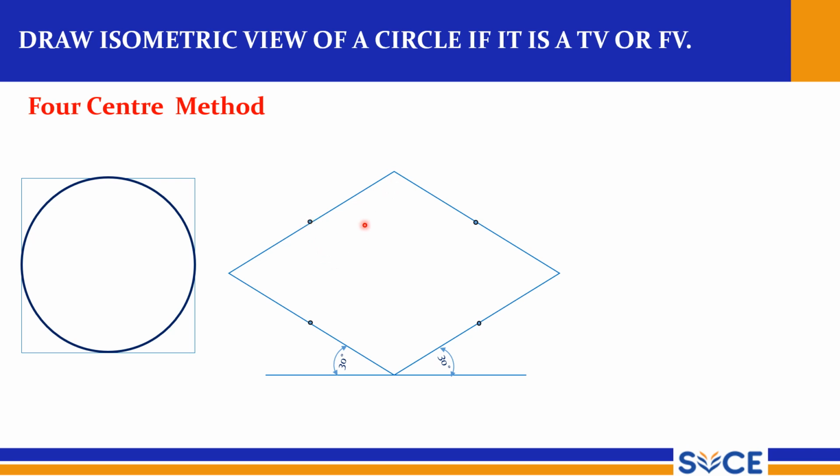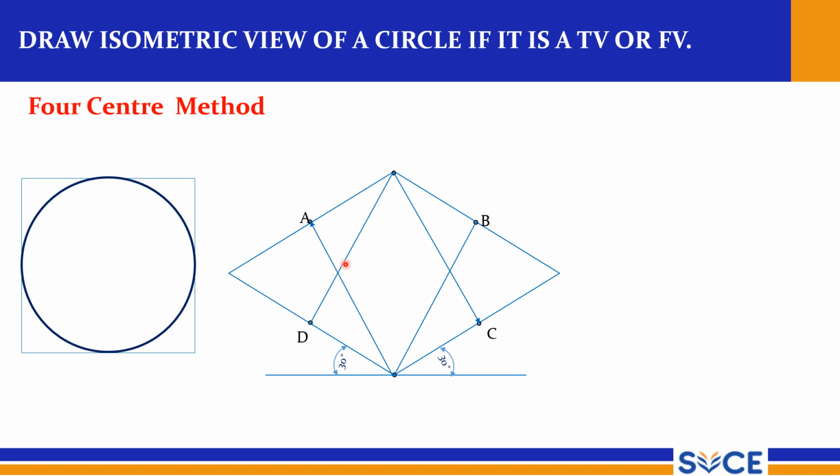So for this point, for these 2 points, this is the opposite corner. Again for these 2 points, this will become the opposite corner, right? So now you connect them like this. So this is connected and this is connected, and from here you connect here, and from here you connect here, right? So now I have obtained all 4 centers.